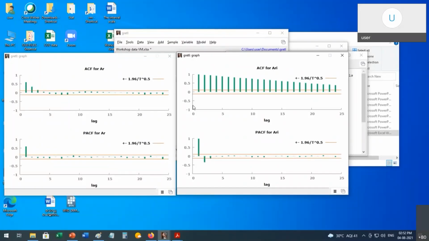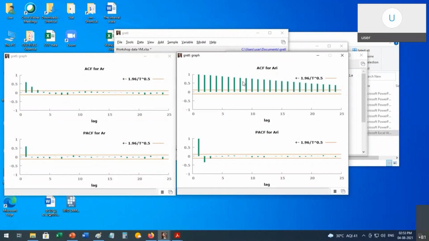In the first case, with the stationary variable, with fast decaying ACF, we have one significant spike. So this will be an AR1 process, a stationary AR1 process.